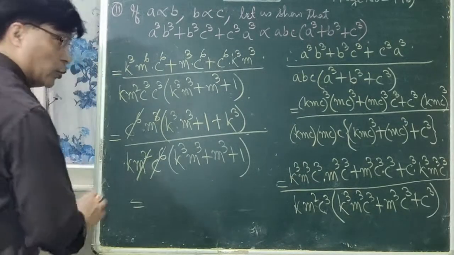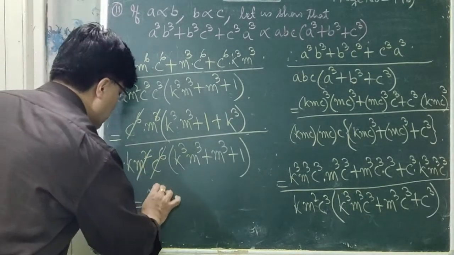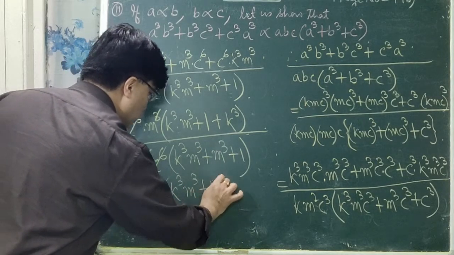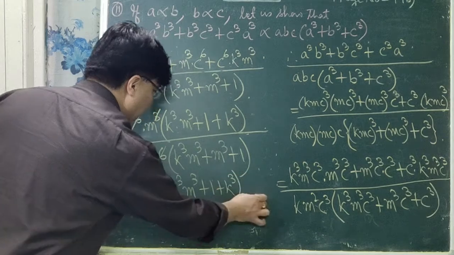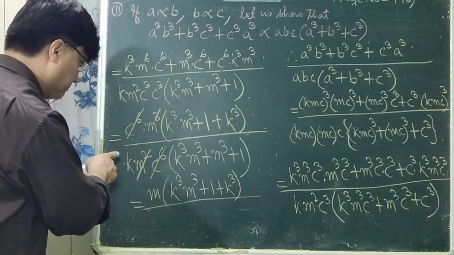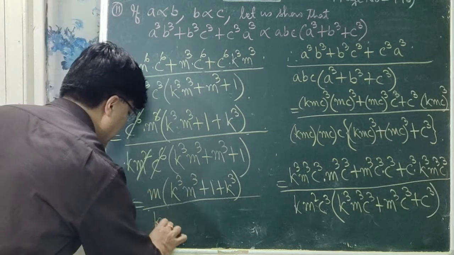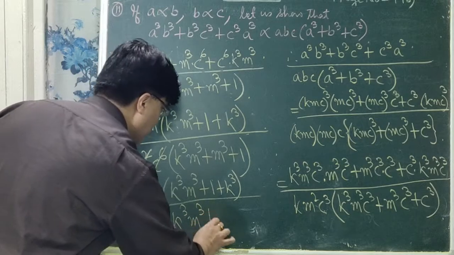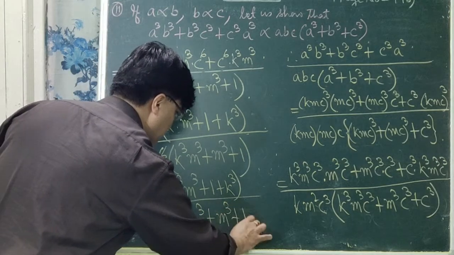So which is equal to, what are the remaining terms out here? This is M within bracket K cube M cube plus 1 plus K cube, bracket closed, whole divided by, in the denominator what will you write? It is K and within bracket K cube M cube plus M cube plus 1.